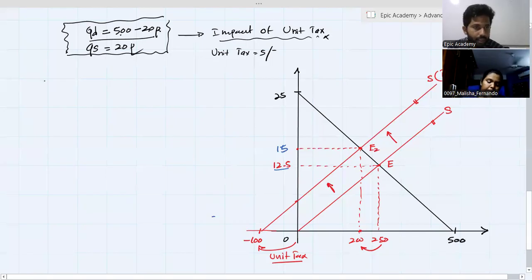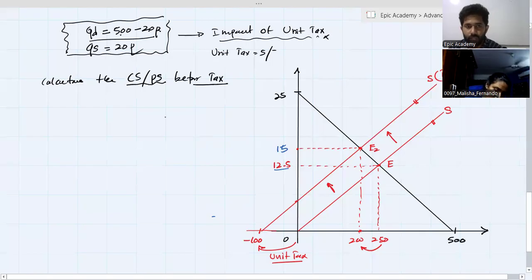First of all, we are going to calculate the consumer surplus, I mean CS, and PS. PS means producer surplus, CS means consumer surplus. Before tax, at that point you have to think there are no taxes. That means the equilibrium position is 12.5 and 250.